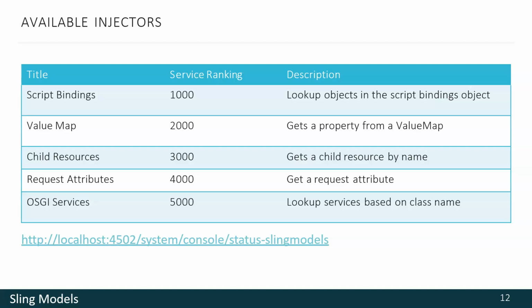Child resources injector will get a child resource by name. Request attribute injector will get a request attribute, and OSGi services will look up a service based on a class name. You can find all available injectors in the Felix console by this link.